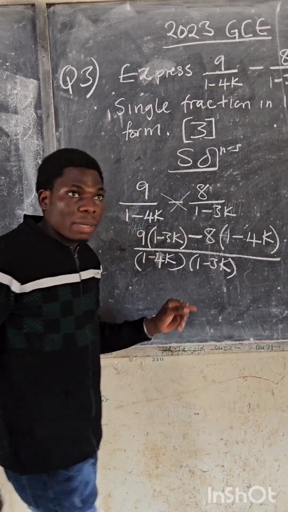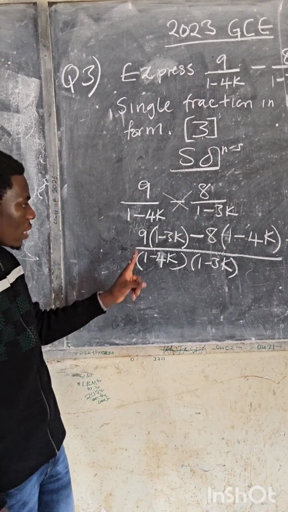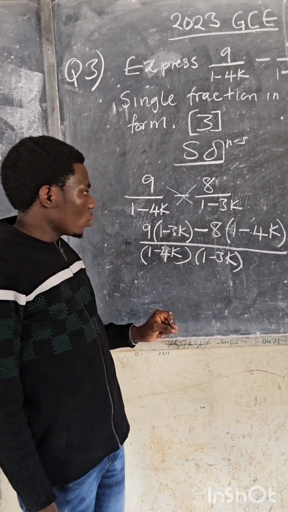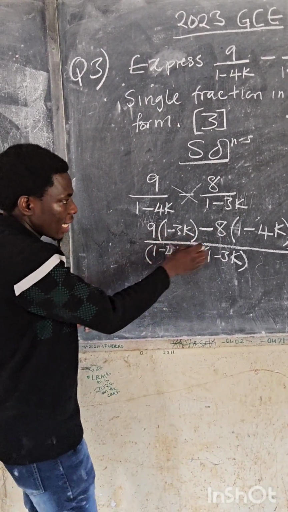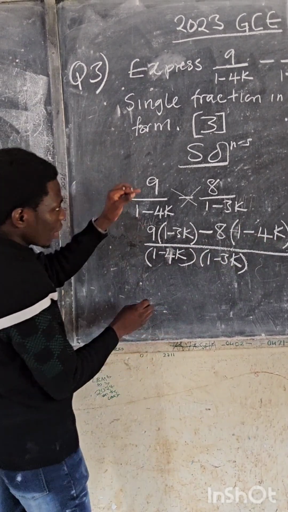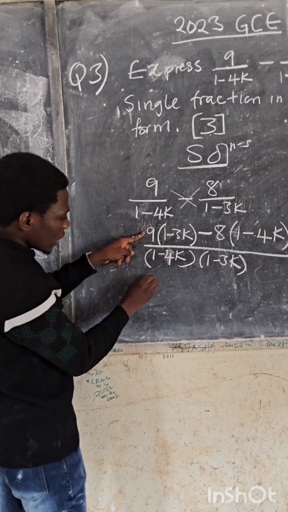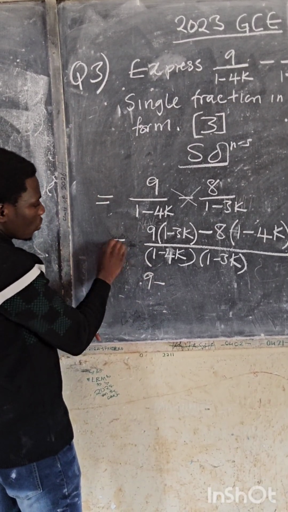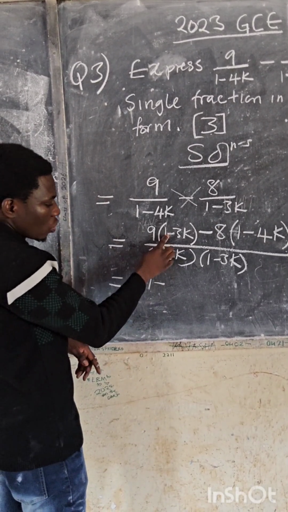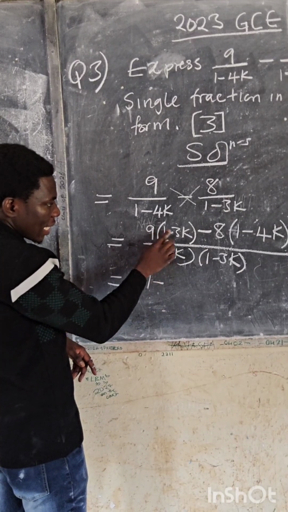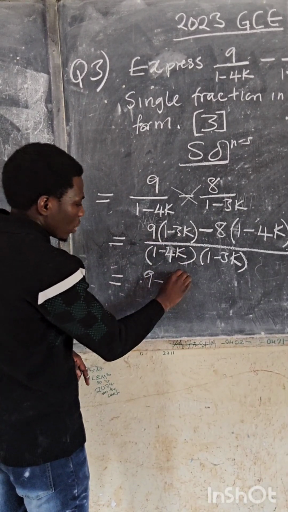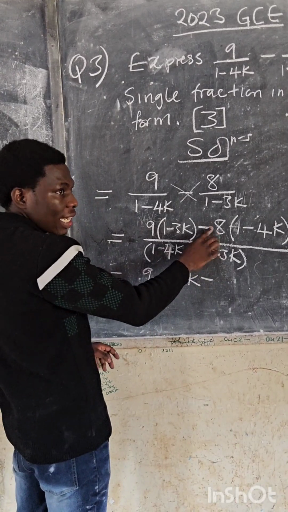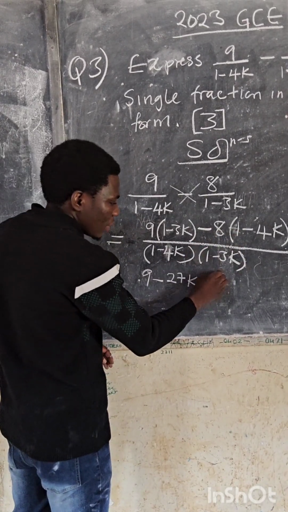Remember we have scalars here: a scalar 9 and a scalar 8. We multiply the 9 with what is inside and the 8 with what is inside. So 9 times 1 is 9, minus 9 times 3 is 27k, minus, negative 8 times 1 is negative 8.